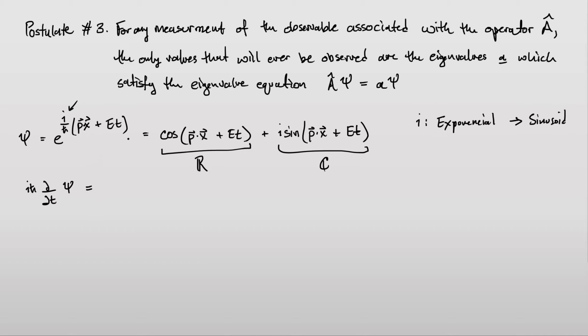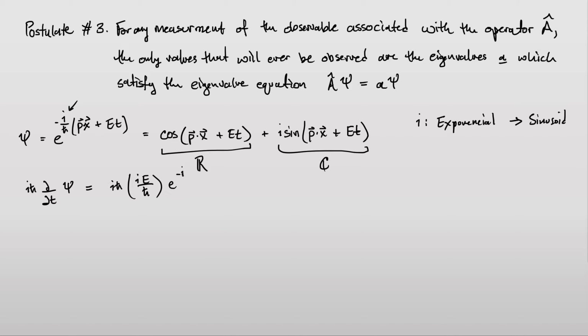I'm taking the derivative of this with respect to time, so we bring all this down: i h bar times negative i E over h bar times our exponential back.